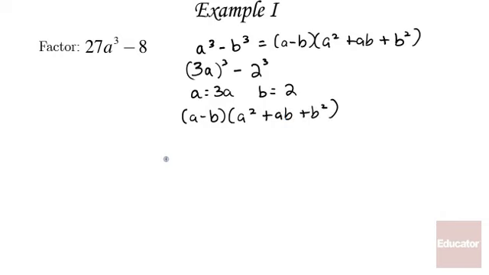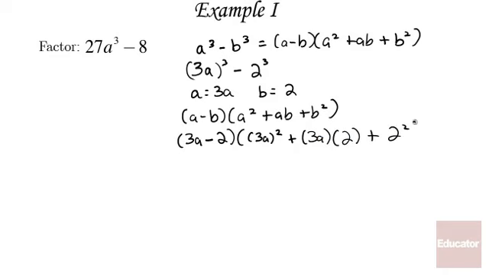Okay. If a is 3a, then that's going to give me 3a minus b, which is 2. Here, I'm going to have a squared, so that's 3a squared, plus a times b plus b squared. This is going to give me 9a squared plus 6a plus 4.